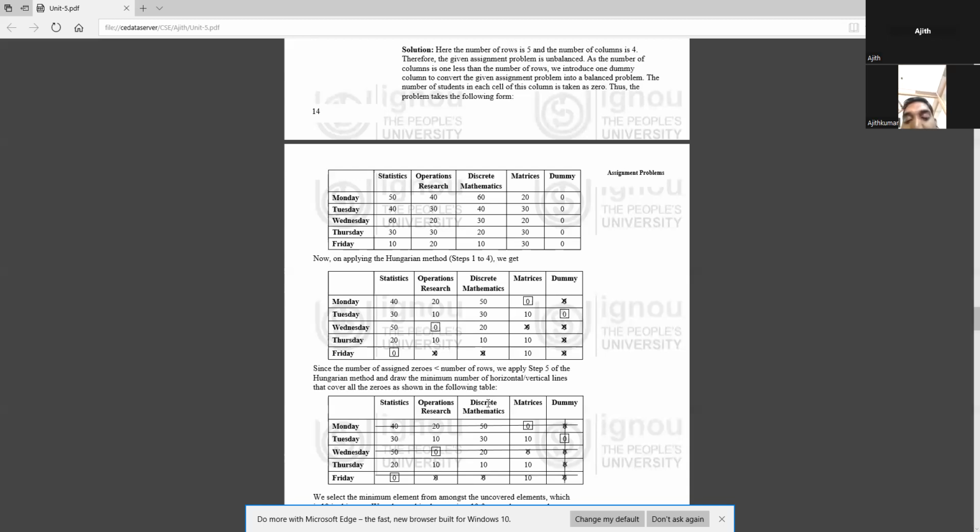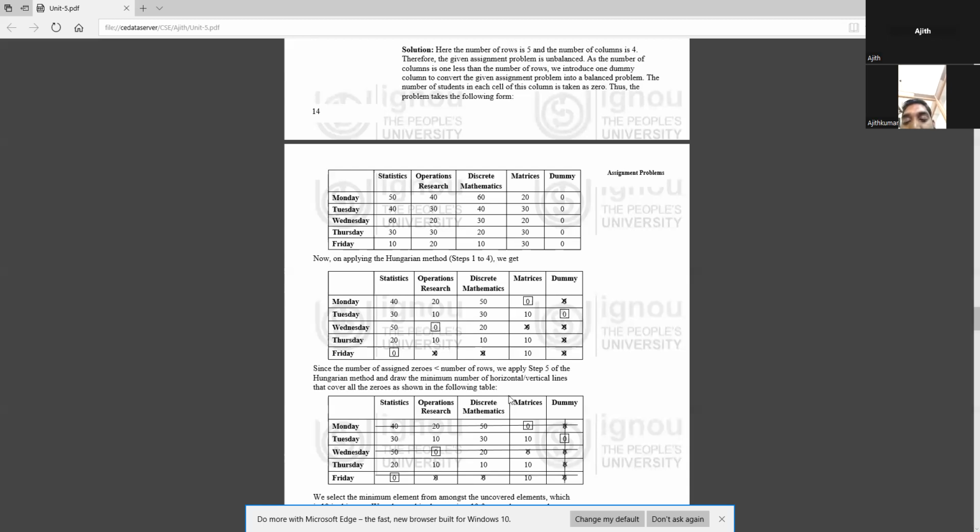And the corresponding 1 zero available in 2 columns, that also we have to tick mark them, and then we find the values 30, 10, 30, 10, and 20, 10, 10, 10.